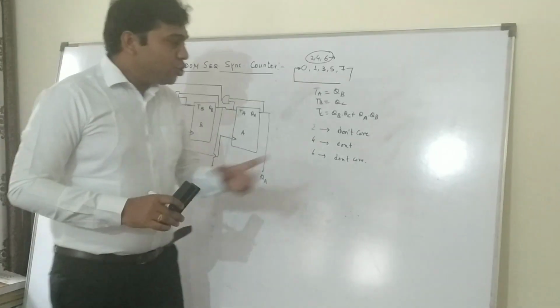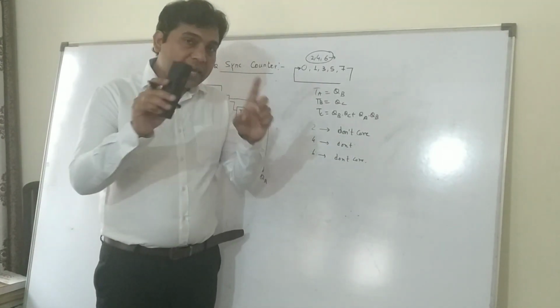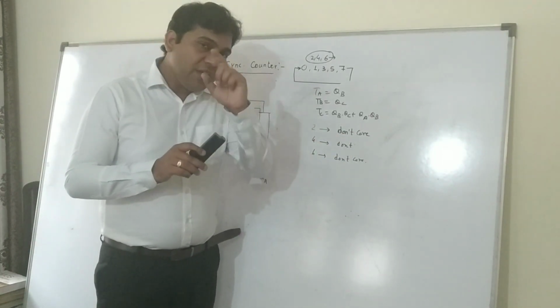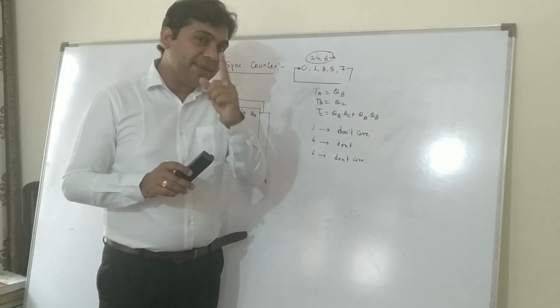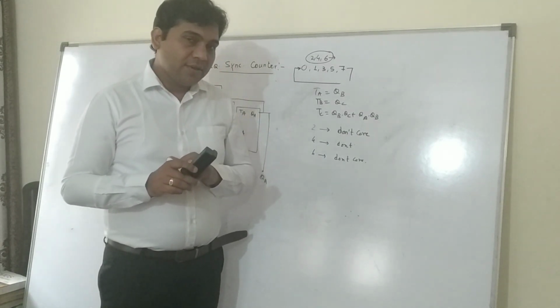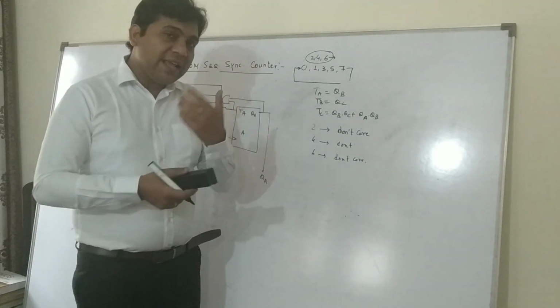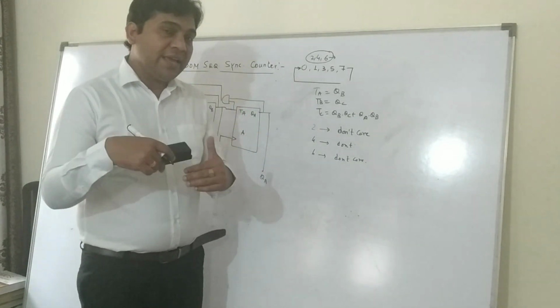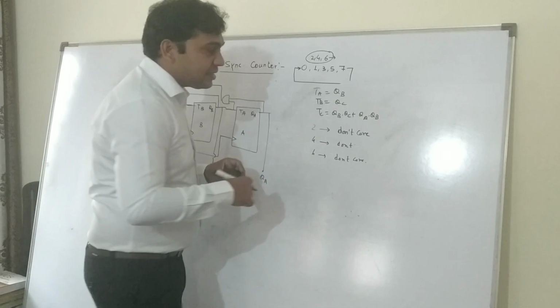Now, these don't cares we have taken into the K map, and we have reduced our expressions for TA, TB and TC. So suppose we have taken the don't cares in such a way that when 2 comes, the next state is 4.